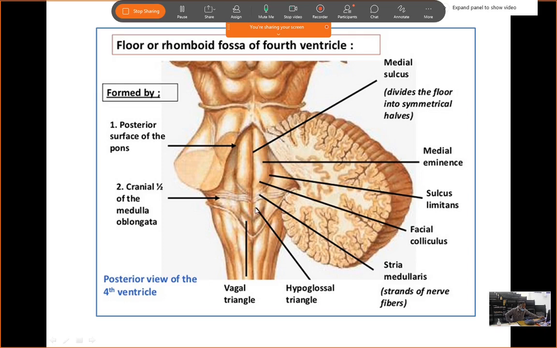The upper one is called the hypoglossal triangle, the lower one is called the vagal triangle. Clear? So the whole thing we call the median eminence. This is the medial sulcus.